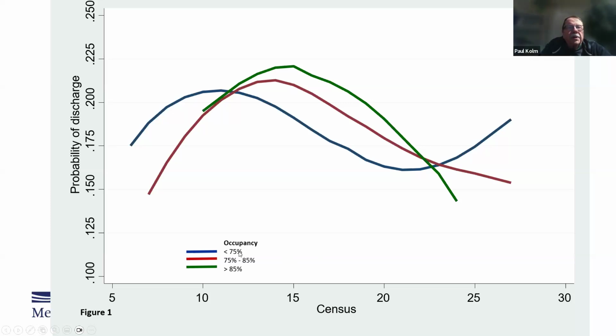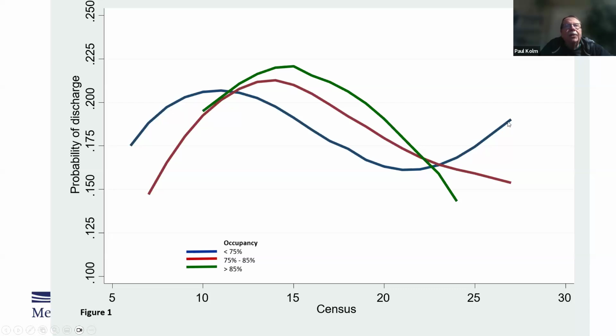And we've done this for different levels of occupancy. So you can see here, we're getting nonlinear trends depending on the occupancy, but we're also getting different functions depending on occupancy.